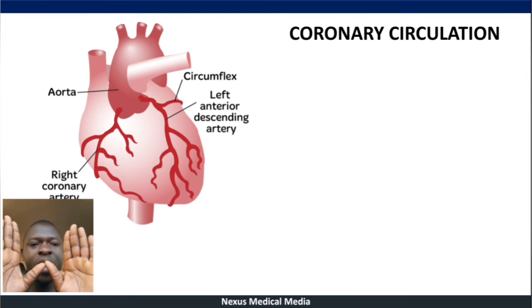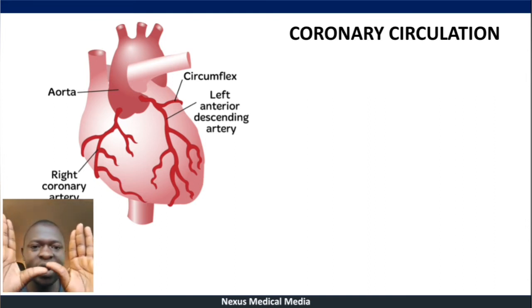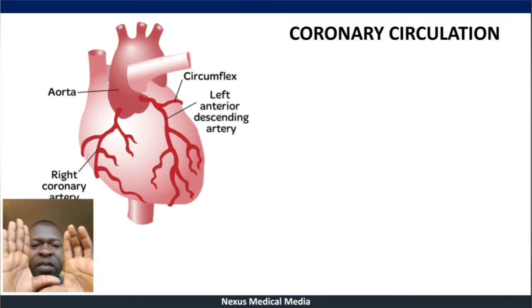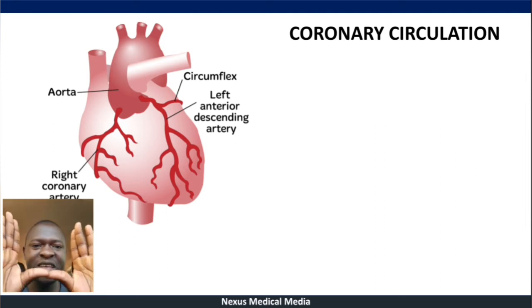So during systole they will be like this, and in diastole like this. So we are opening this. This is where you find the arteries, the coronary arteries. That's where they begin. Systole, diastole, systole, diastole. So the heart itself gets blood during diastole.